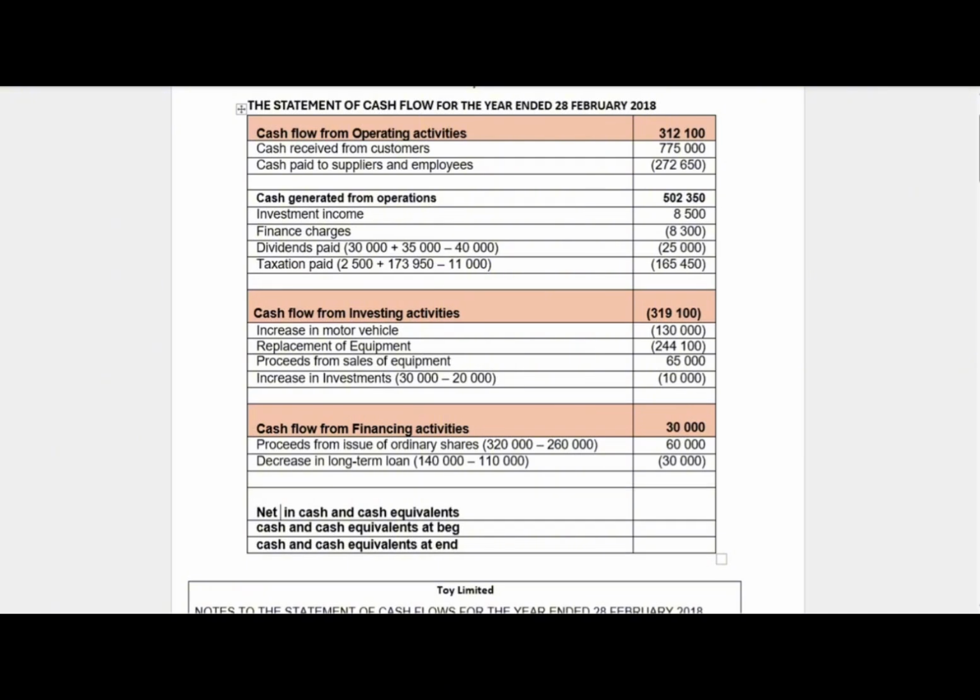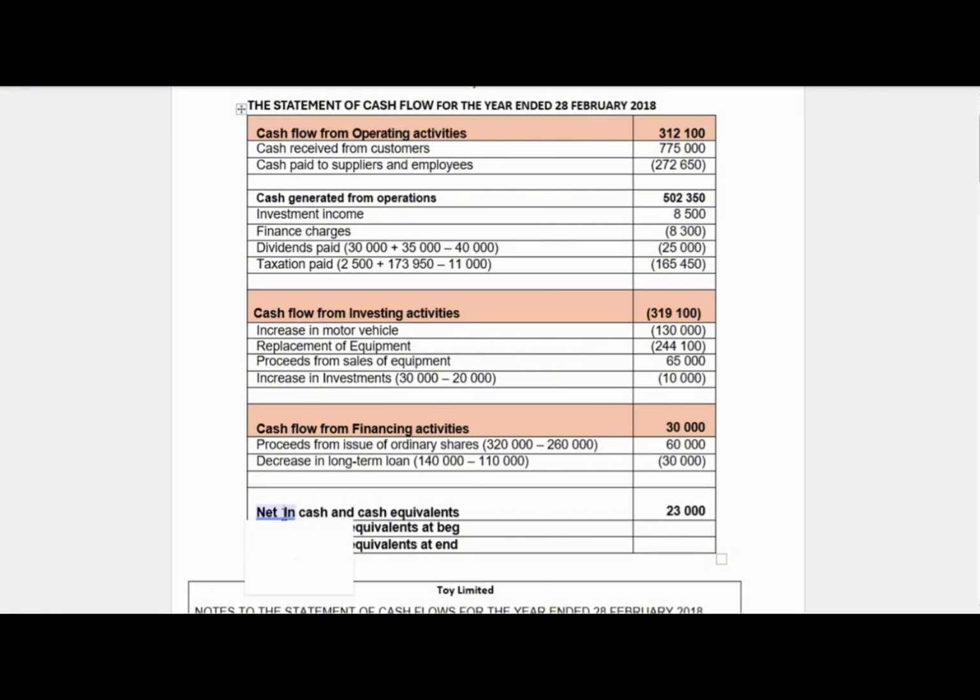We subtract 319,100. We add 30,000 from financing activities. So I'm getting 23,000 inflow, because it's not giving me negative. If it was negative, it was outflow. So 23,000, it's an increase.